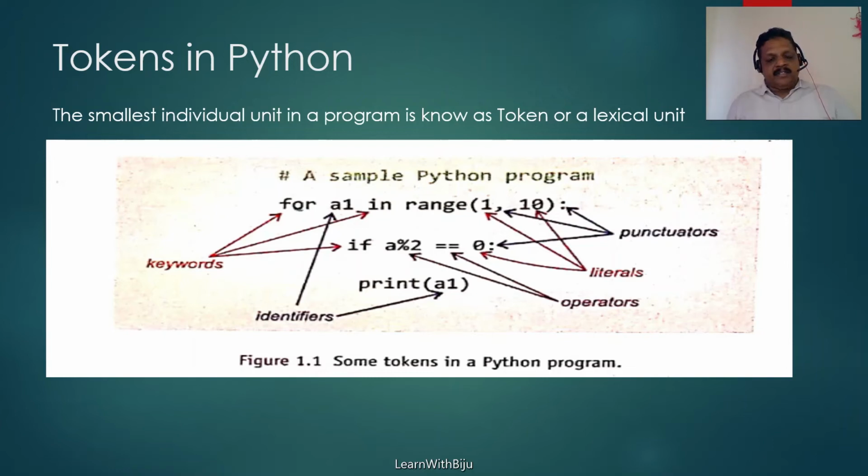Between 1 to 10, it will print all the values which are fully divisible by 2. There we are using some keywords like for, in, if, and we are using an identifier called A1. We are using some punctuators called colon and comma. We are using operators like percentage and equal to. Then we also use literals like 1, 10, 0.